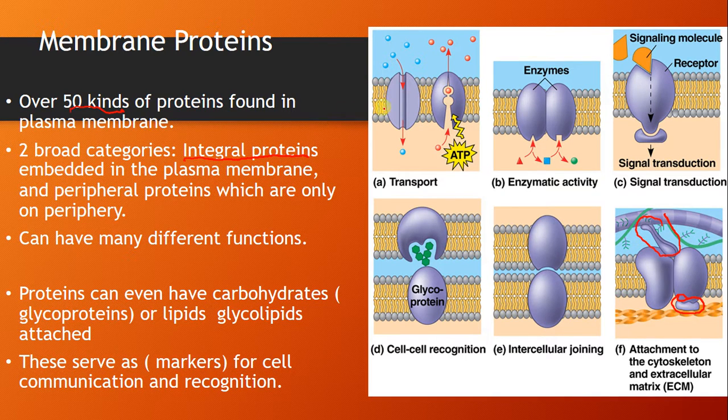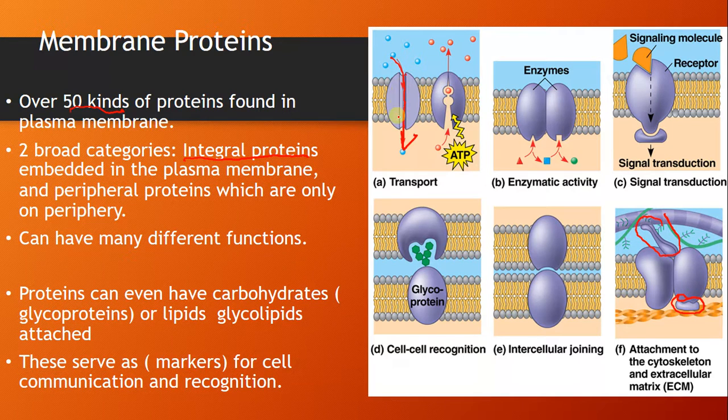As you can see, they have many different functions. So, for example, as we'll talk about in 5.3, some membrane proteins are transport proteins. They transport substances from the inside or outside of the cell to the other way.